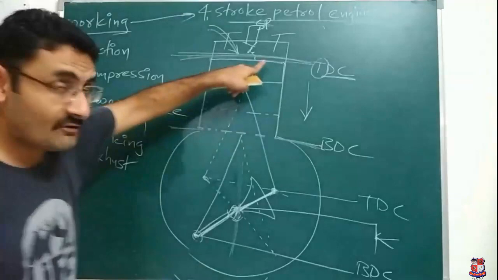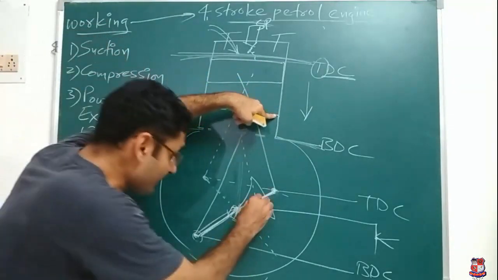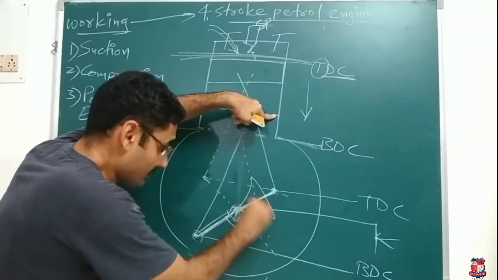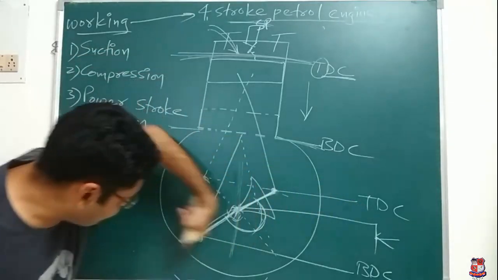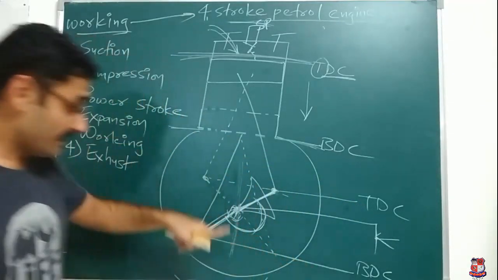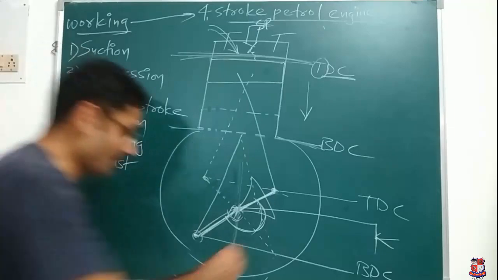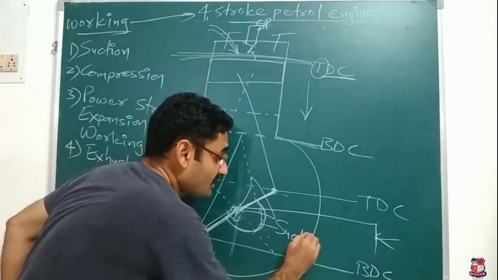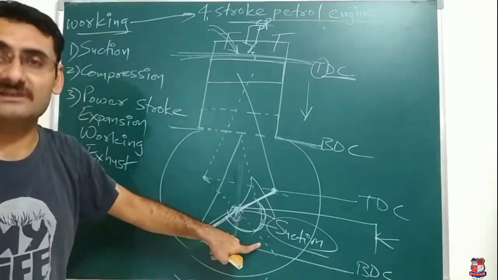And when piston travels from TDC to BDC, crank will complete its half rotation, because crank will also travel from TDC to BDC. And that half rotation is known as suction stroke. That is the meaning of suction stroke.